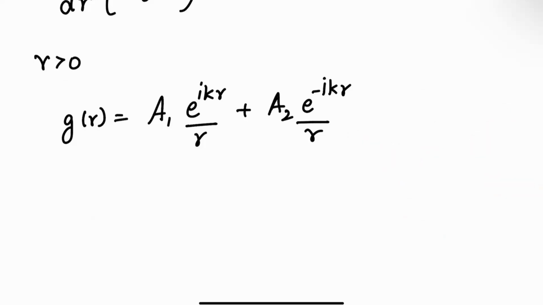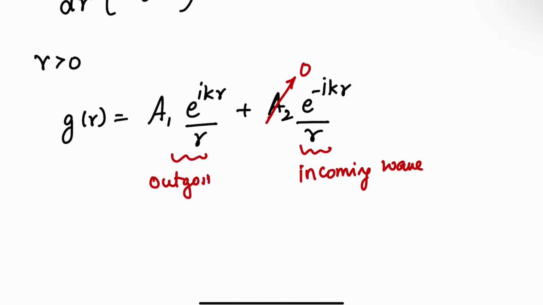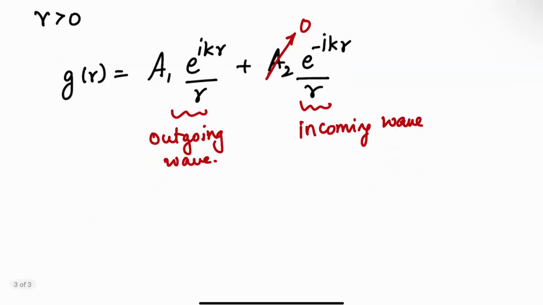So we use that argument to say that A2 must be 0, because this is an incoming wave, and this is an outgoing wave. Because the phase is increasing as r is increasing, so it's propagating outward.